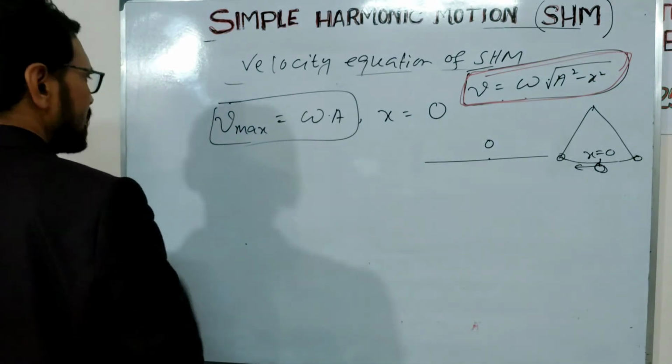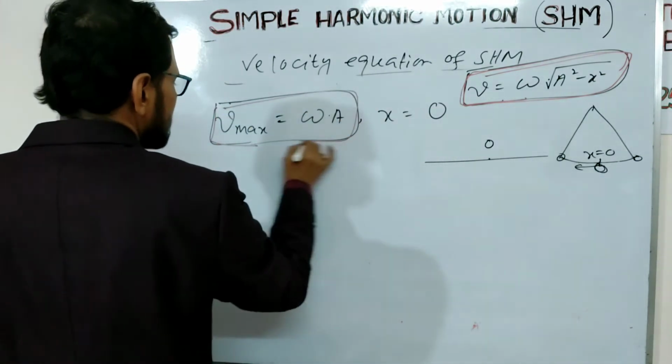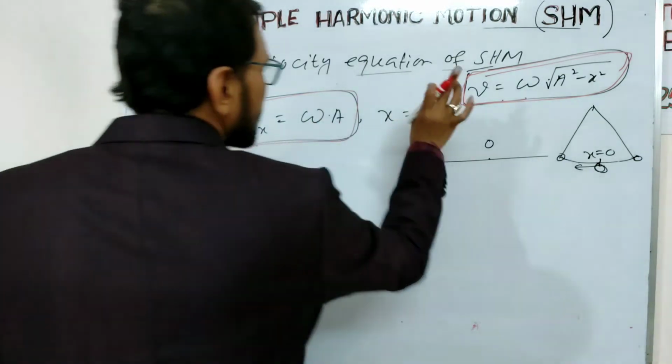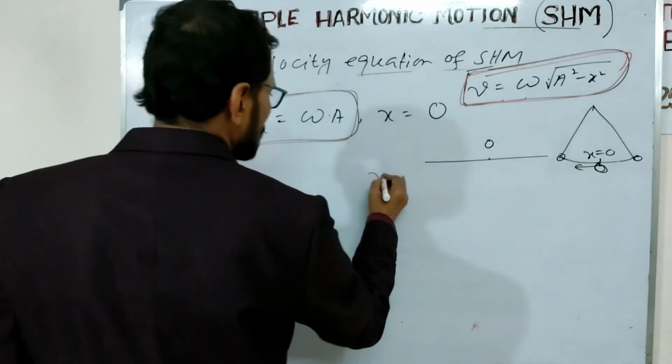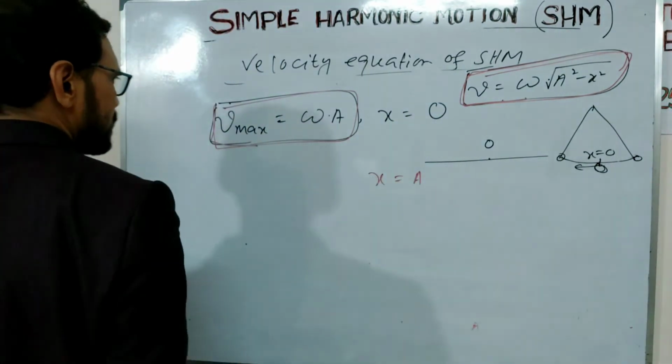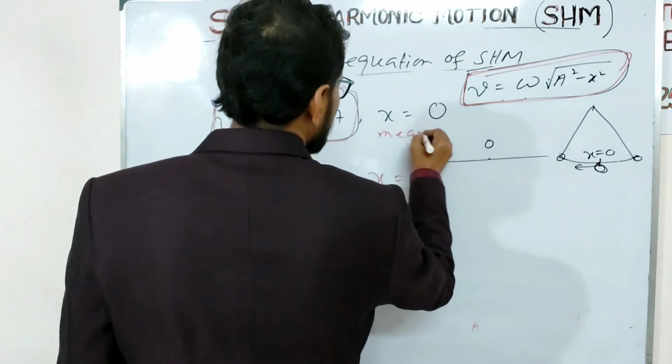You remember this as a formula: maximum velocity equals omega a. And x equals a means the extreme position, at amplitude.